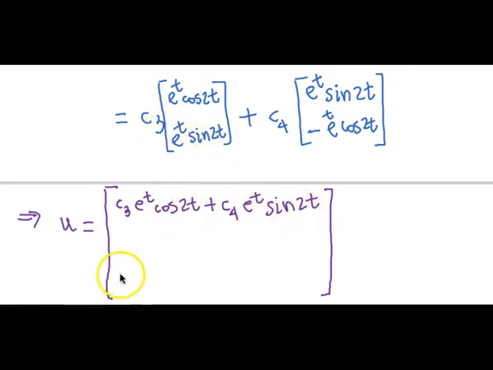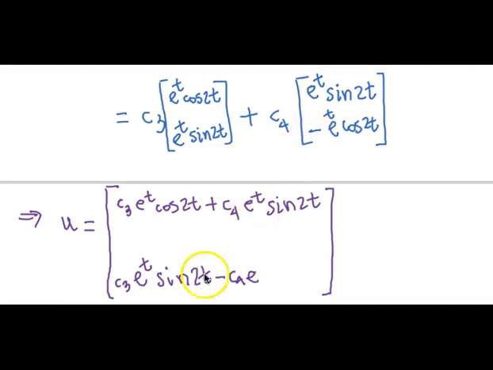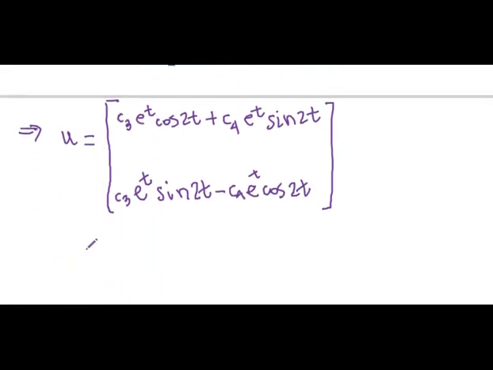That's for the first entry. The second entry would look like C3 e^t sine minus C4 e^t cosine.